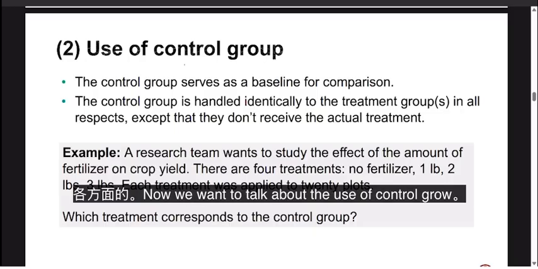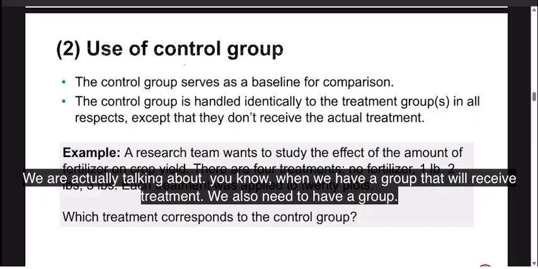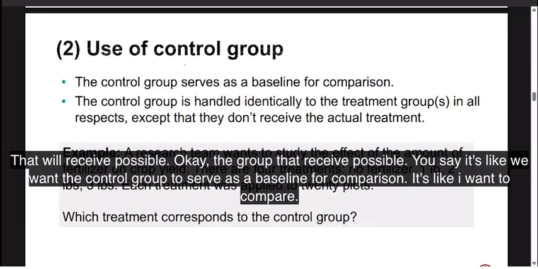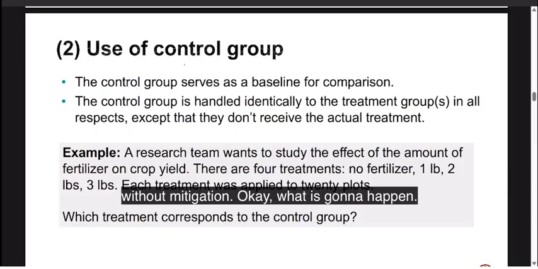Now we want to talk about the use of control group. When we have a group that will receive treatment, we also need to have a group that will receive placebo. The control group serves as a baseline for comparison. It's like I want to compare the intervention with nothing. Without mitigation, what is going to happen?